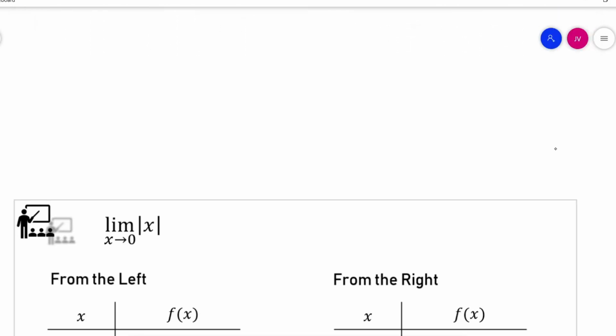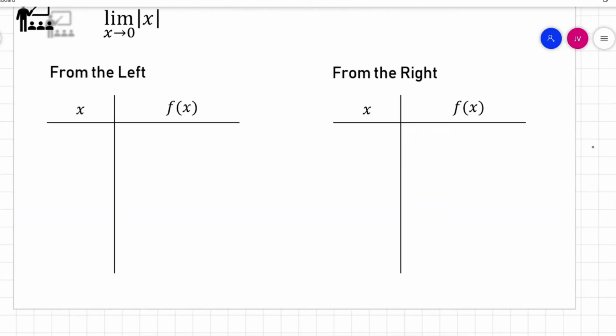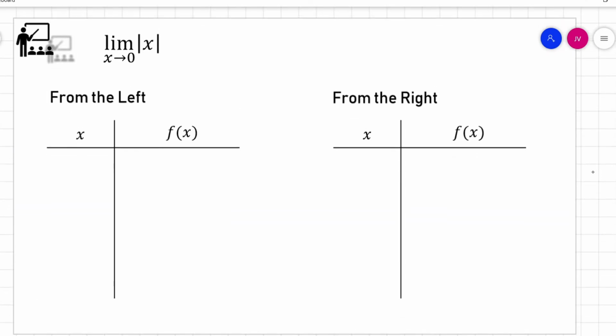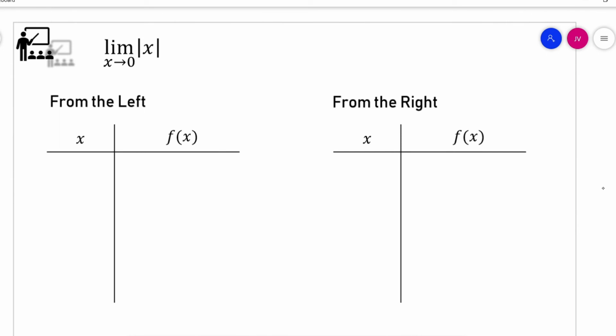So another example. So we have here the limits of absolute value of x. Wherein the condition is your x is approaching 0. So variable x is approaching 0. Now we can assign value from the left of 0 and from the right of 0.